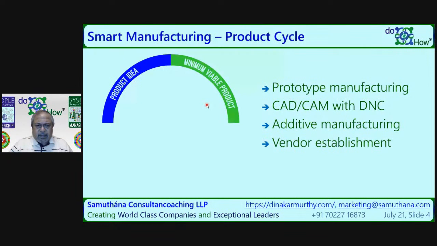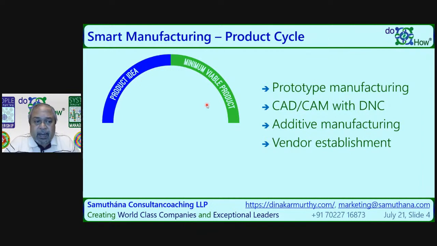Now to do this, there are 4 activities which I have listed out which are extremely important. Let me start from the bottom. The first and foremost is vendor development. Vendor development for a minimum viable product or prototype manufacturing is totally different from vendor development for mass manufacturing. When you're talking about mass production, you would look at systems, what kind of certifications they have, whether they are ISO certified, AS 9000 certified.